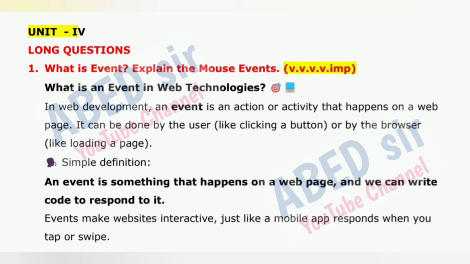It can be done by the user, like clicking a button, or by the browser, like loading a page. Simple definition. An event is something that happens on a web page, and we can write code to respond to it. Events make websites interactive, just like a mobile app responds when you tap or swipe.